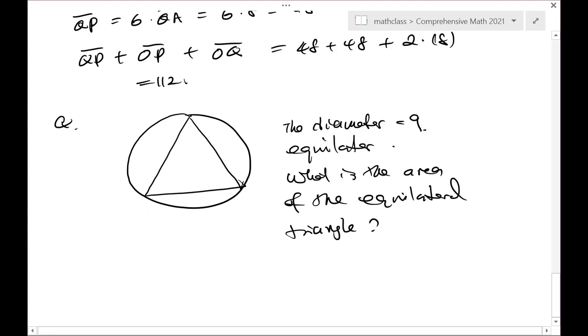The equilateral triangle is inscribed in the circle with diameter equal to 9.